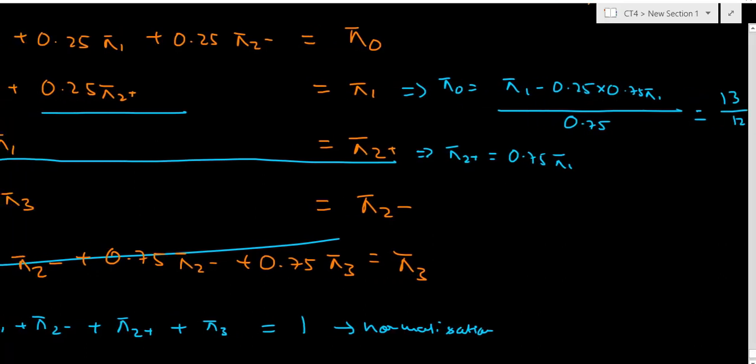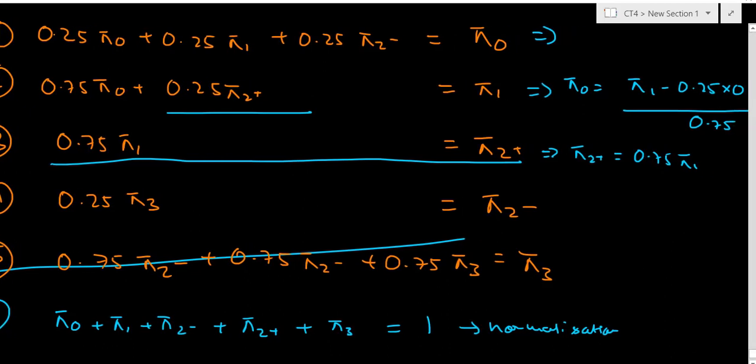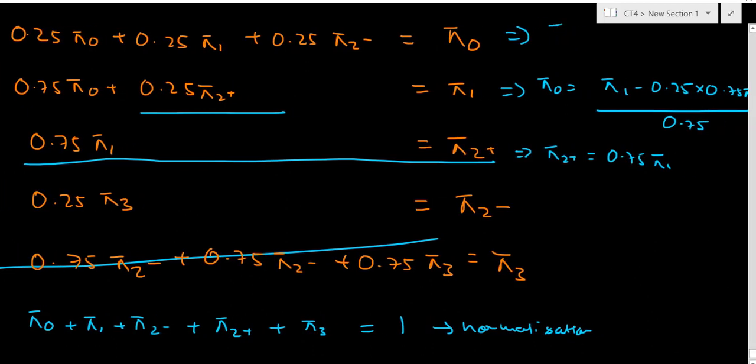Now I need to express pi 2 minus and pi 3 in terms of pi 1. Let's try with pi 2 minus. If you solve this equation here, you can express pi 2 minus in terms of pi 1.